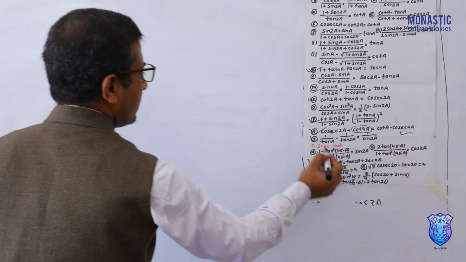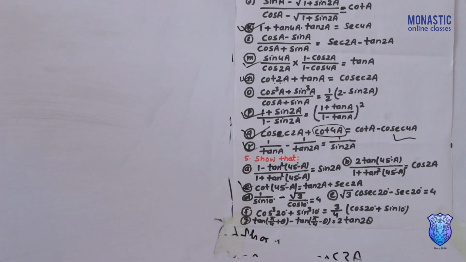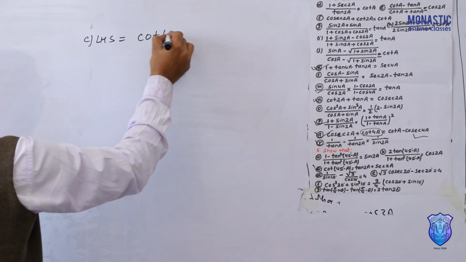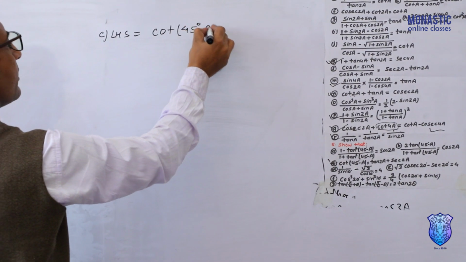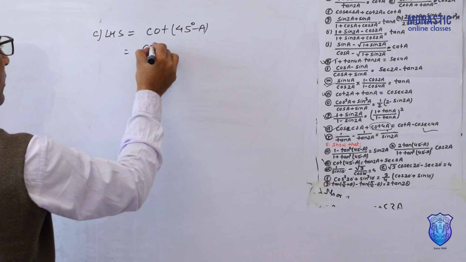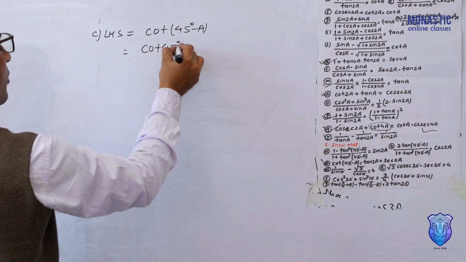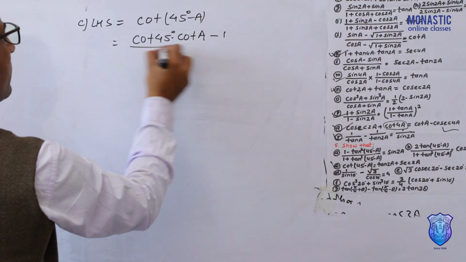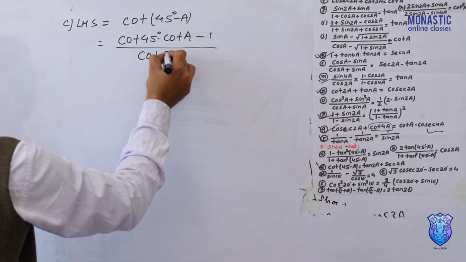Question number C. Cot of 45 degrees minus a. Use the formula cot a cot b minus 1 by cot b plus cot a.